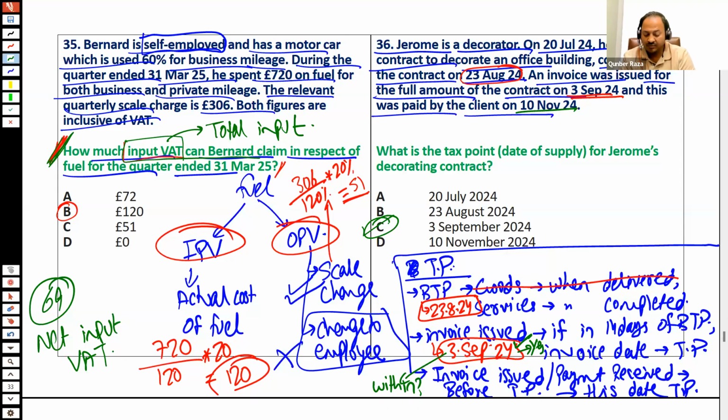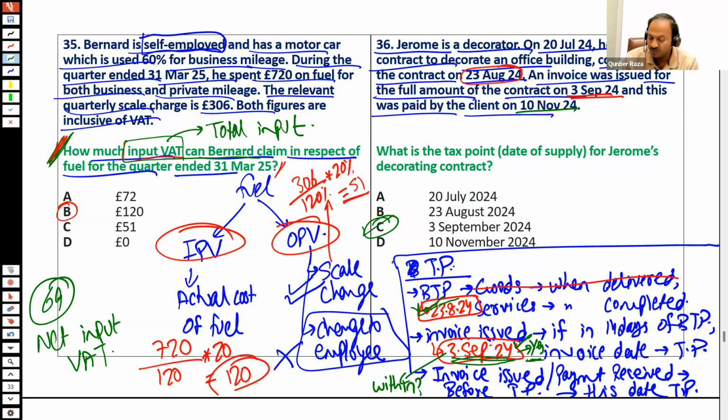So then I started plotting these dates. What is the date when services are completed? Services are completed on 23rd August 24. Okay, so that is the basic tax point. Then I checked, is invoice issued within 14 days of basic tax point? The answer is yes.